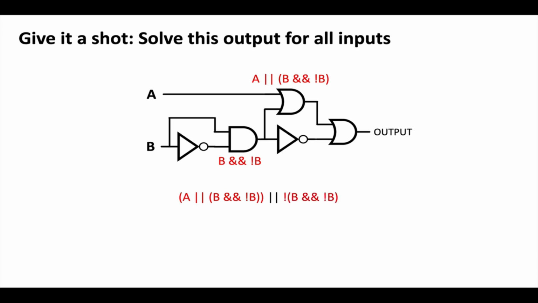We can take this piece, which is just the output of the bottom left AND gate that flows through the NOT gate over here. Finally, we take all of that and push it through the last OR gate, giving us the actual Boolean equation for this logic circuit.